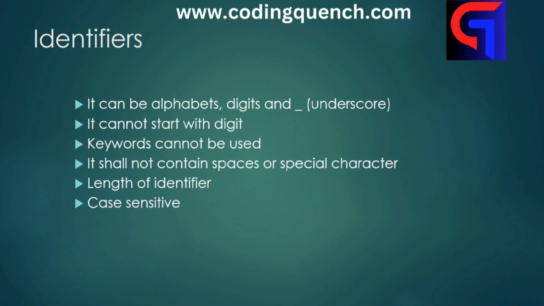That means if you put lowercase a is equal to 10 and uppercase A is equal to 20, uppercase A is different in the eyes of C. This a is different from this A. So when I print a, I will get the answer as 10. When I use capital A, then I will get 20 as the answer. That is what we call case sensitive. Small letters and uppercase letters are different in the language.